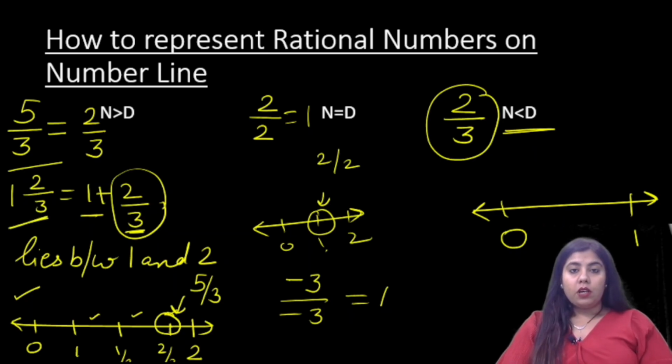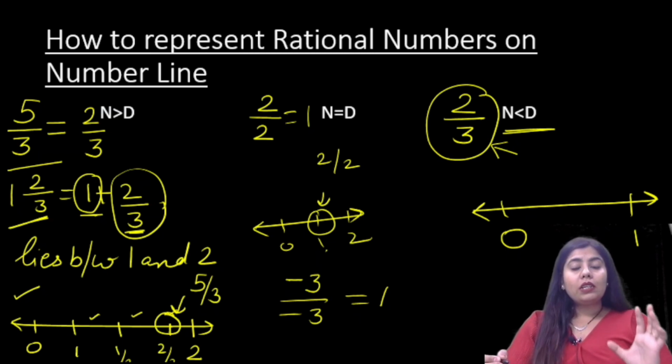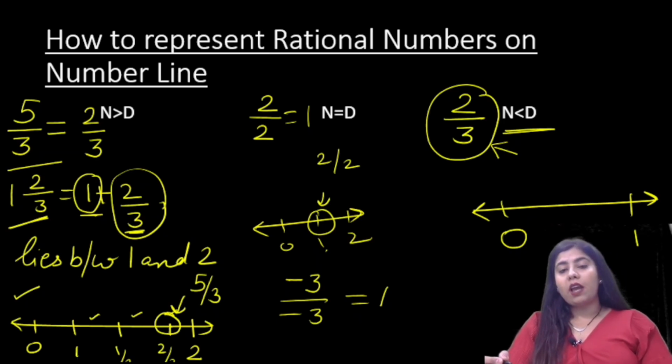There we had 1 as the whole number, but in this part we have nothing as the whole part. So 2 upon 3 is only a fractional part, and we have to represent it on the number line.